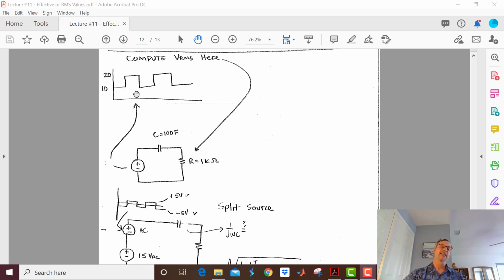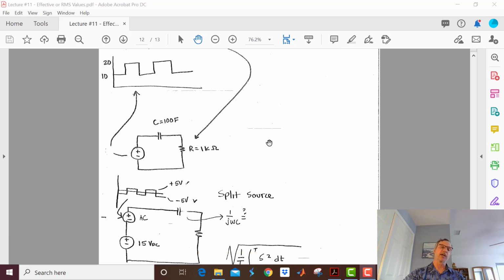So I break this thing up into a 15 volt source, and then a source that goes down 5 and then up 5. And from here to the left, I can't tell the difference between this model and this model.